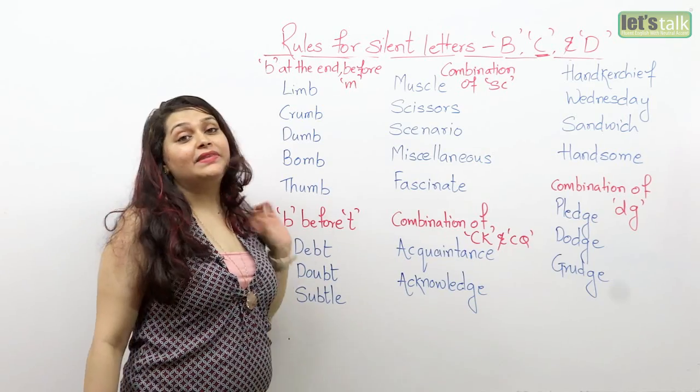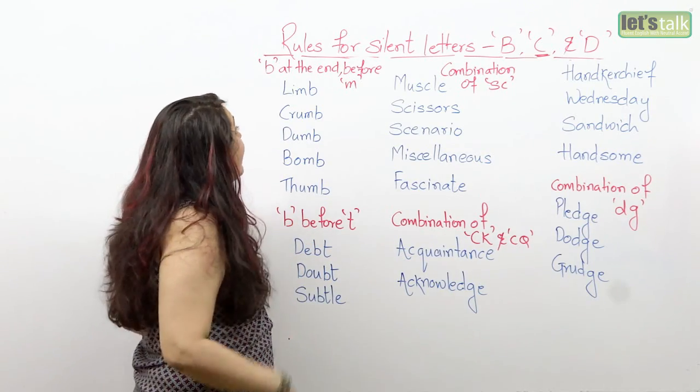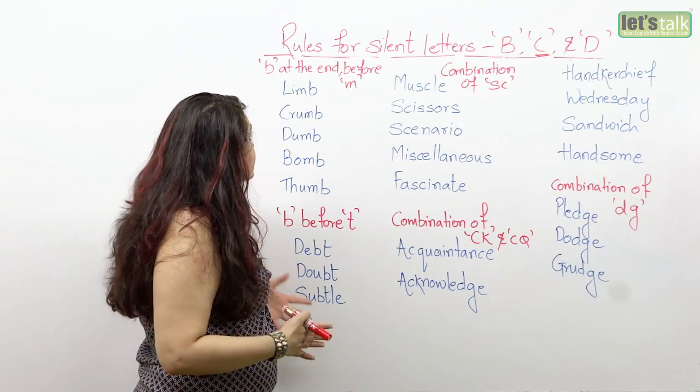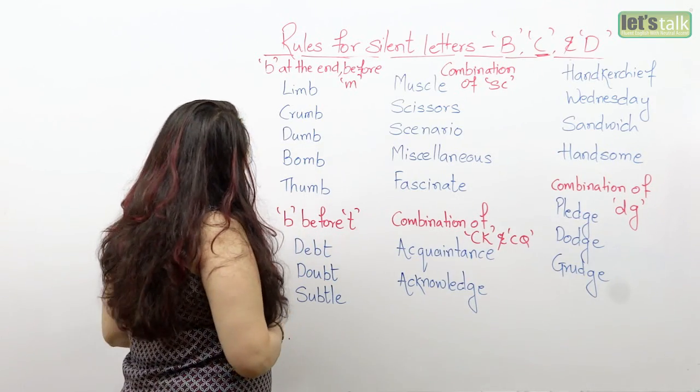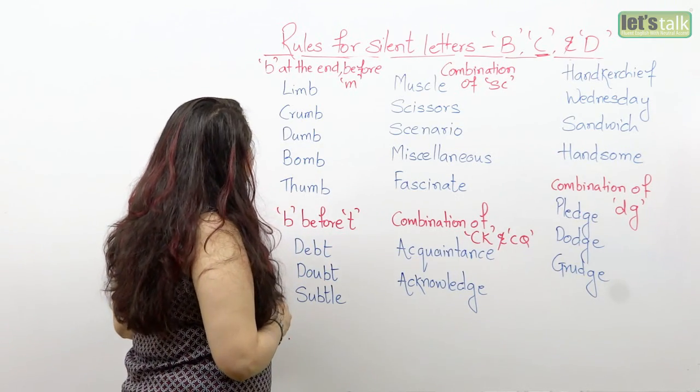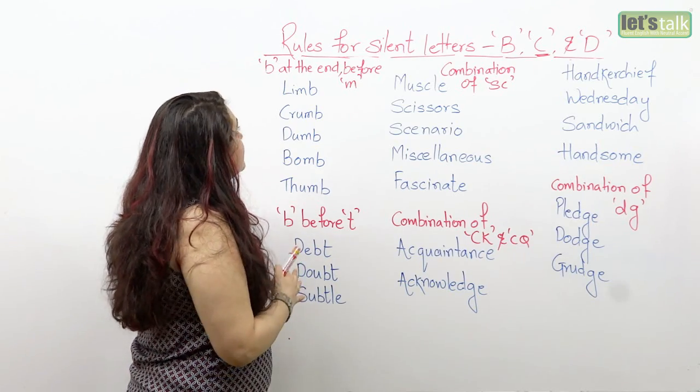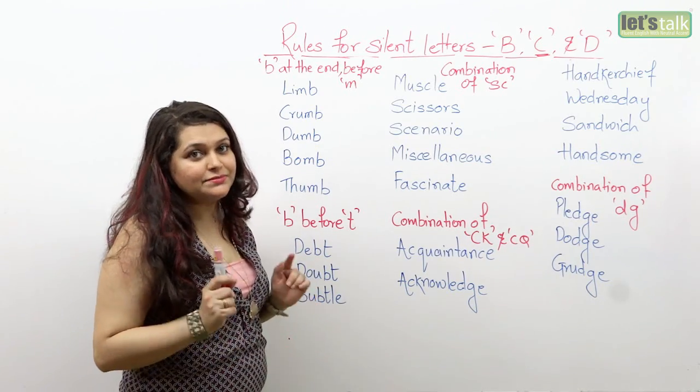Let's begin with the alphabet B. Now, when is the alphabet B silent? There's a rule and let me explain it to you. B is silent at the end when M comes before it. Confused? Don't be.